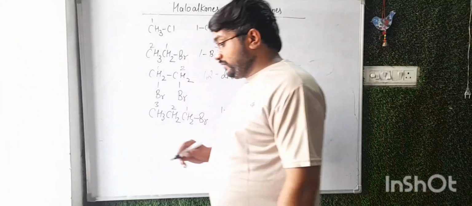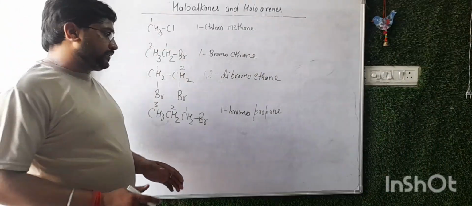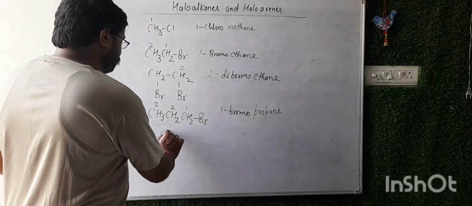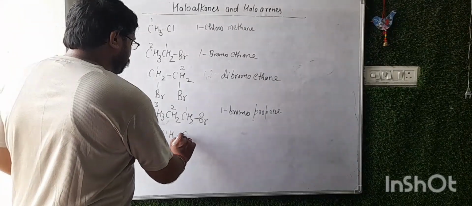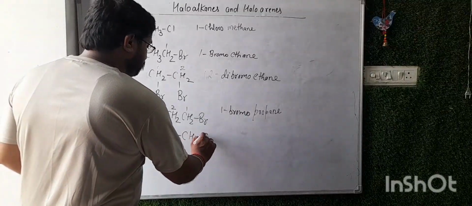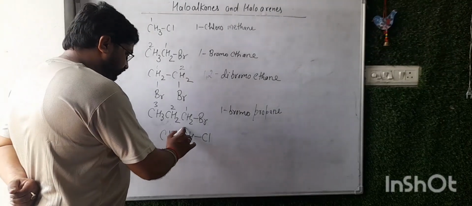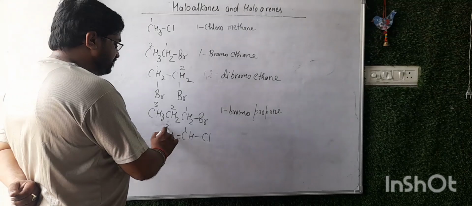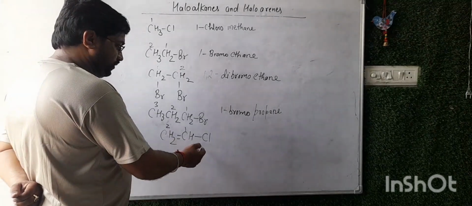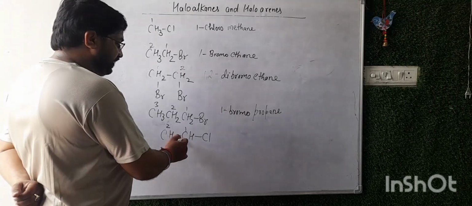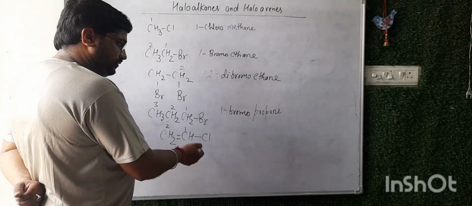Now if there is a multiple bond also present, for example CH2 double bond, and here now the chlorine. How do we count? This is the first carbon and this is the second carbon. Here the double bond gets the first carbon, and the substituent as well, so this is more correct.